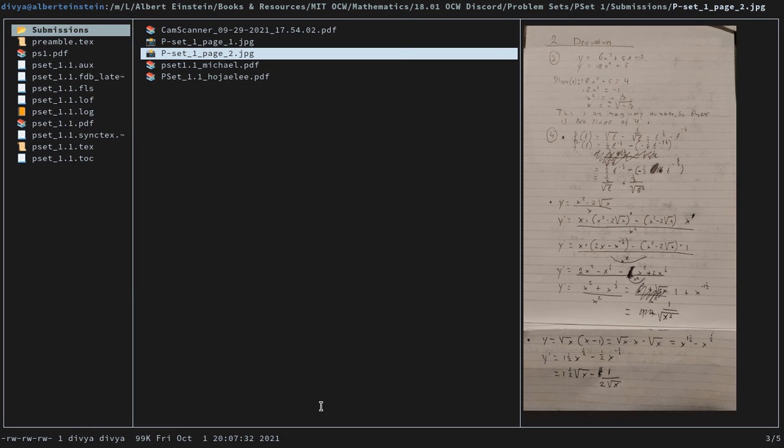I'm trying to look at Kelvin's. That looks okay.